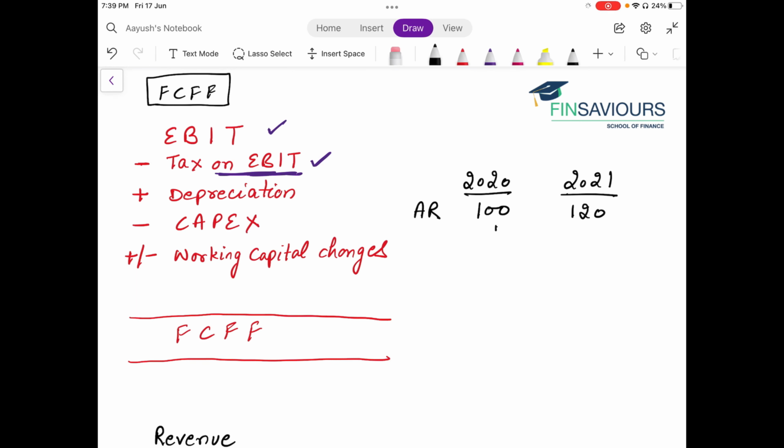Now, what is the difference? 20. Accounts receivable has increased this year. My question to you is, while adjusting the working capital changes over here, will you add this 20 or will you subtract this 20? I want you to think very carefully and give your answers in the comment section below. Let's see how well you understand this adjustment of working capital.